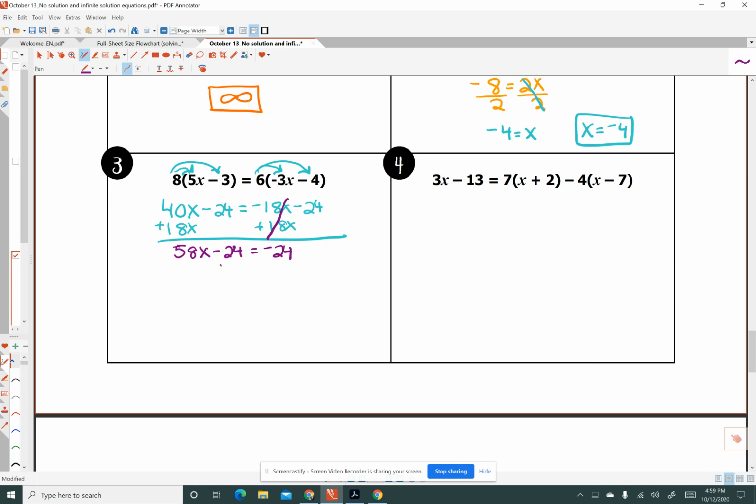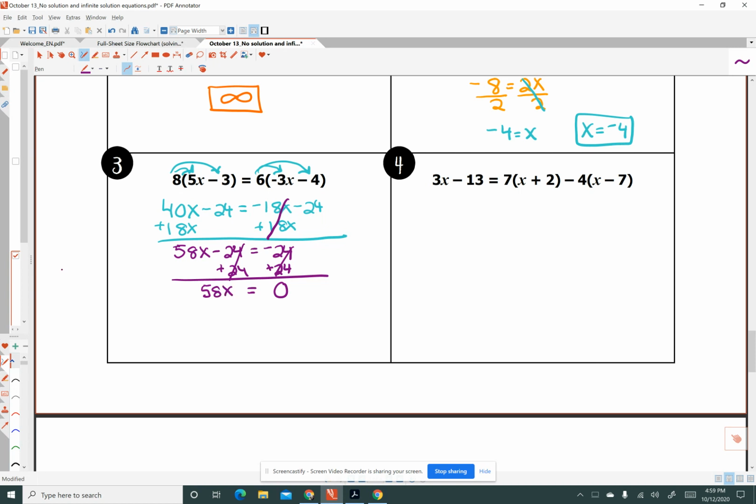Let's add 24 to both sides of the equation. Now, negative 24 plus 24 is going to be 0. Negative 24 plus 24 again is going to be 0. What I end up with is 58x equals 24.